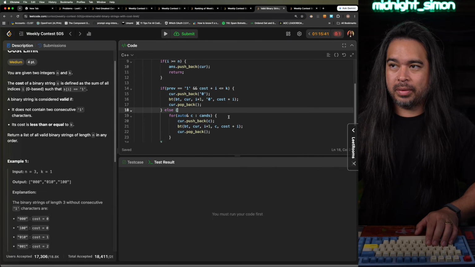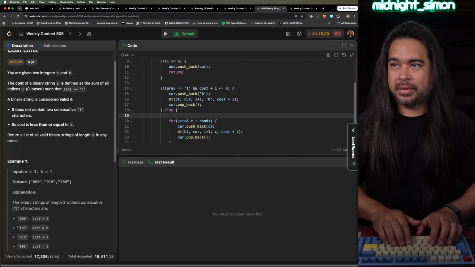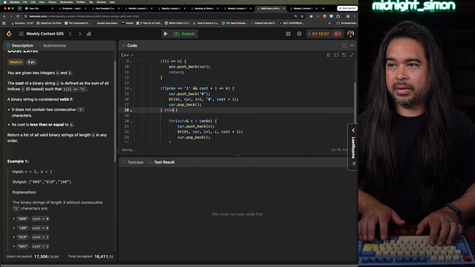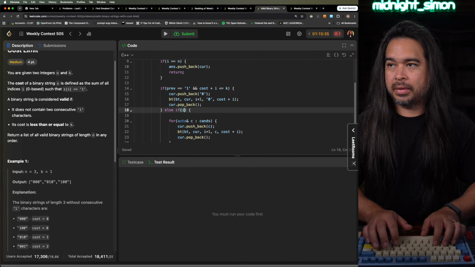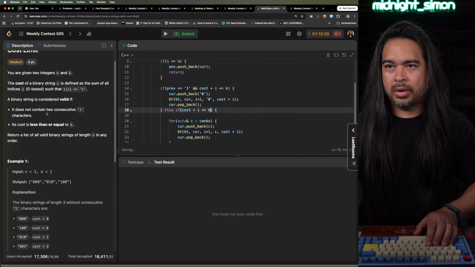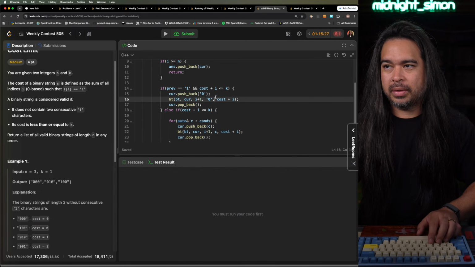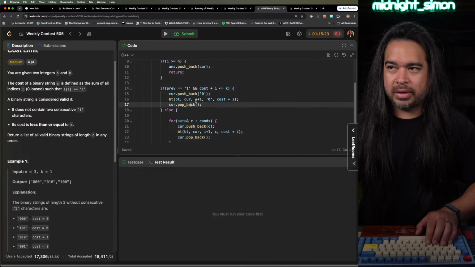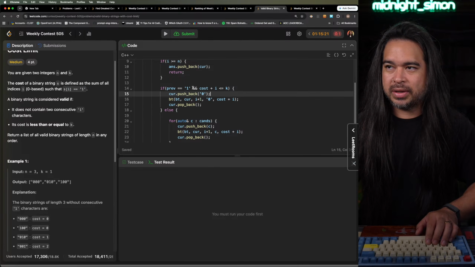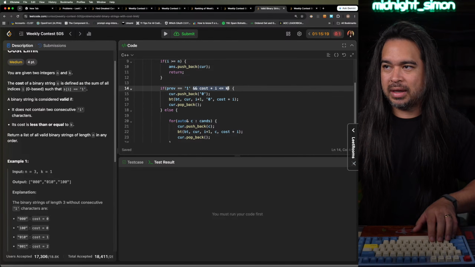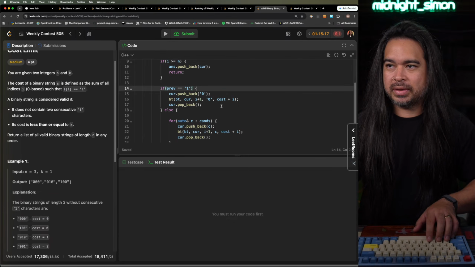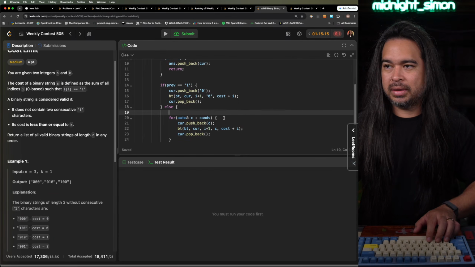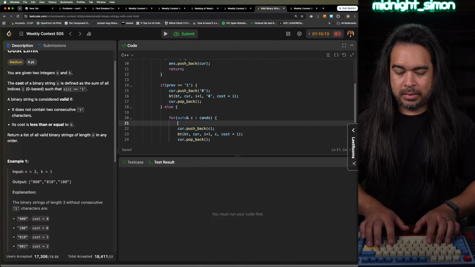Wait, only if... oh wait. Hold on. Actually, I messed up. What's the cost? Cost is only with these, so we don't care about the cost in this case. We only care about the cost in this case.